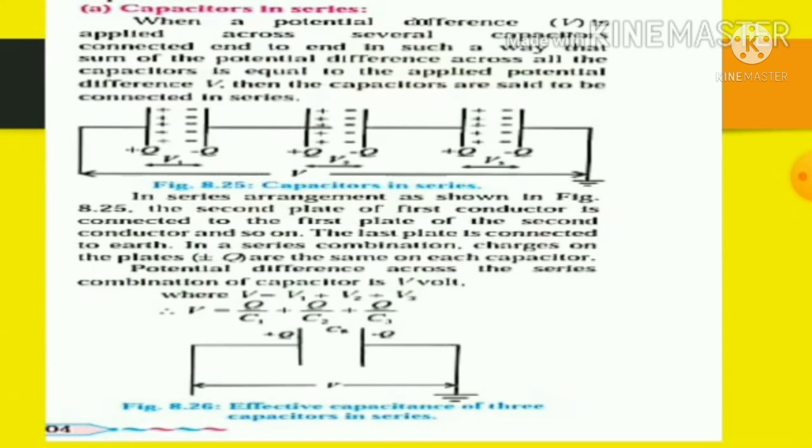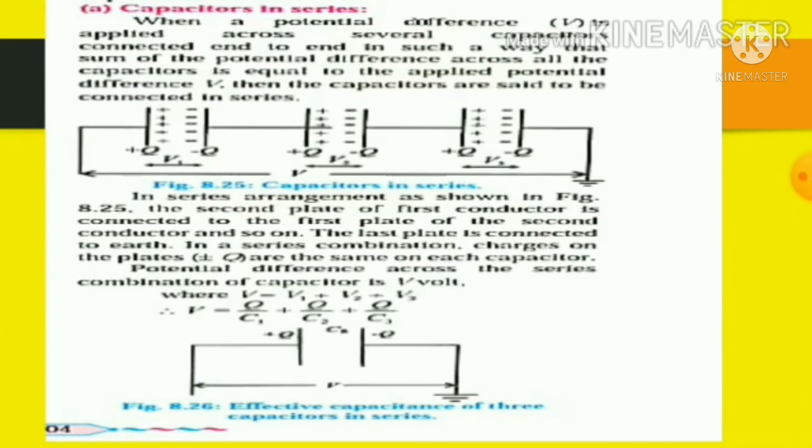From the figure and our consideration, the potential difference across this series combination of capacitors is V volt, and V equals V1 plus V2 plus V3. This equation arises from the above explanation and the above diagram.